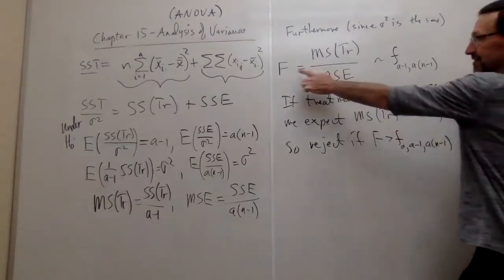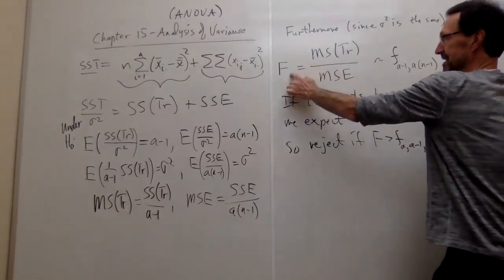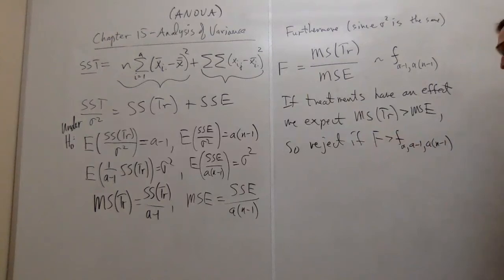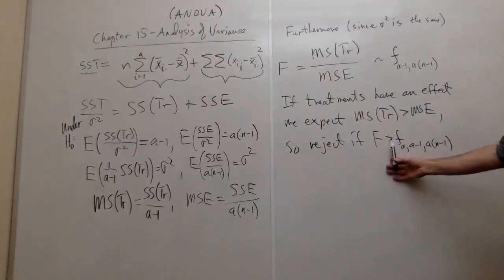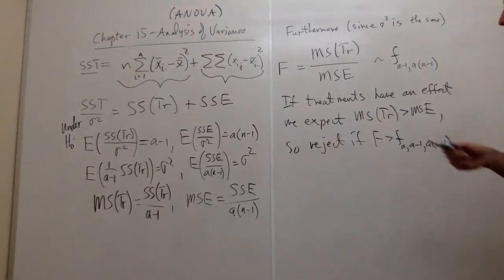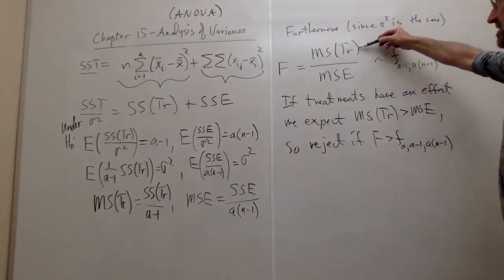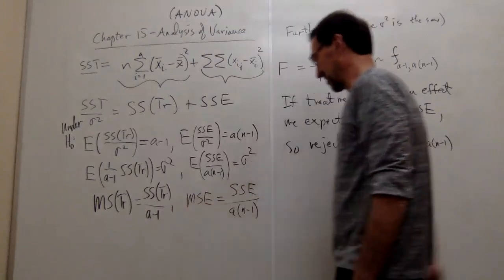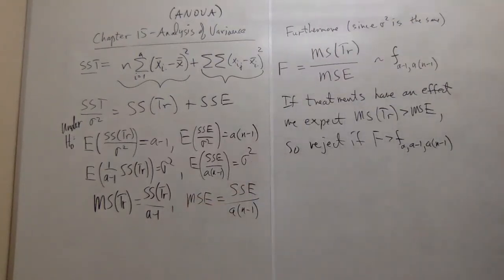So we'll reject if F, our test statistic, is greater than the critical value. And it's always, like I said, a right-tailed test because we get evidence that the null hypothesis is wrong the bigger this is compared to that. And they are adjusted for the number of measurements and so forth. So that's how we do it.